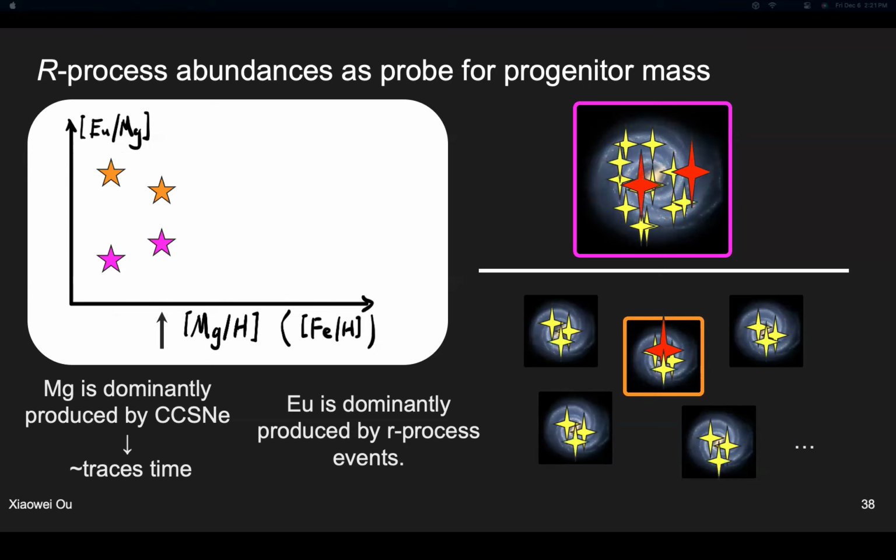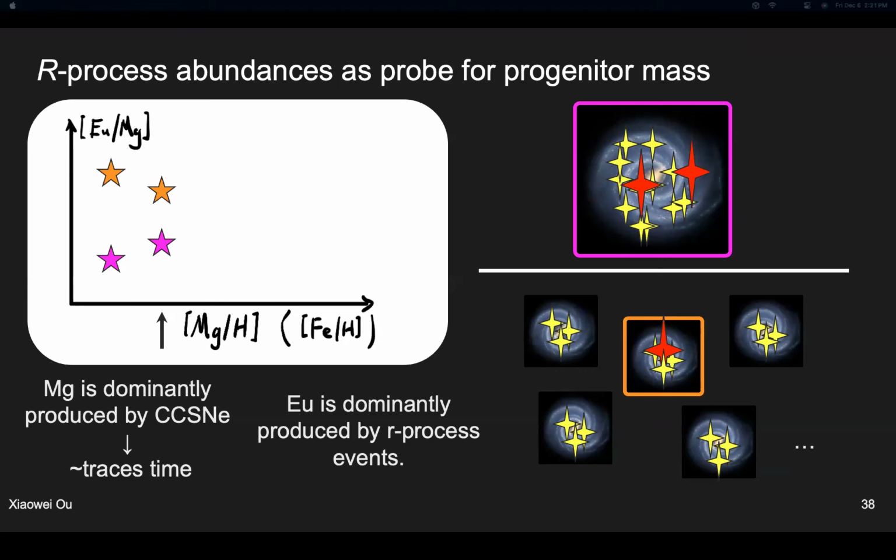Then time moves on. Now you get more core collapse supernovae happening in all these galaxies, assuming they haven't been quenched completely. For the more massive galaxy, you still get more neutron star mergers and more core collapse supernovae. Now, the exact evolution for the more massive galaxy depends on what you assume for the star formation history, as well as the time delay distribution of neutron star mergers.